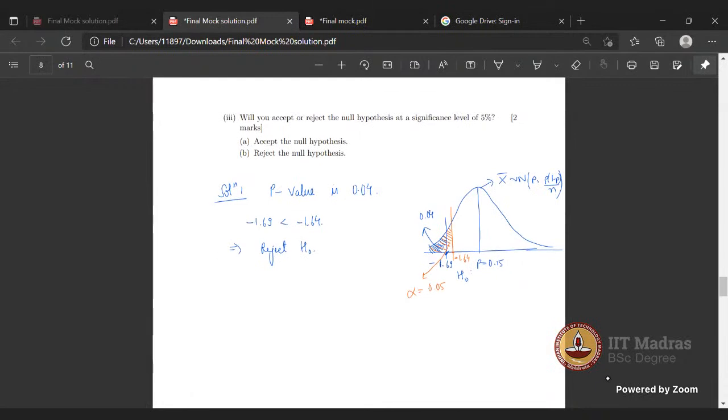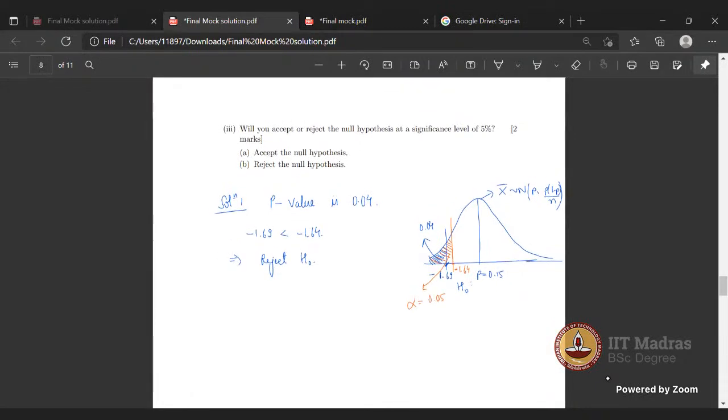Like, after you get the p-value, how do you conclude that? So what is p-value? P-value is the lowest level of significance at which you reject the null hypothesis. Now, from the previous problem, you observe that the p-value is coming out to be 0.04. So it means this is the lowest significance level at which you will reject the null hypothesis, right?